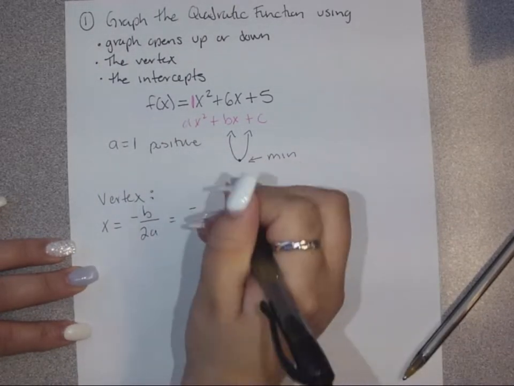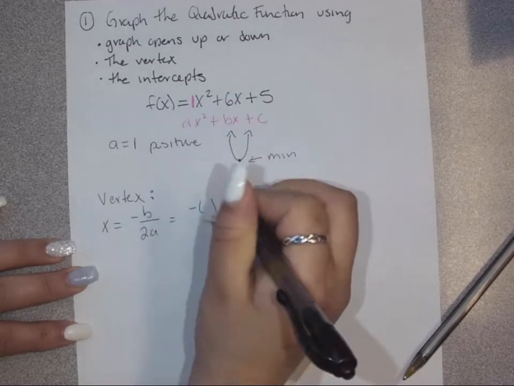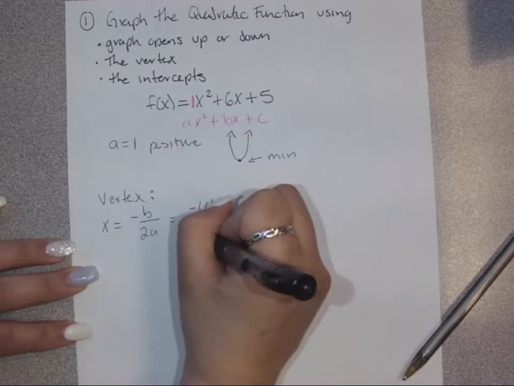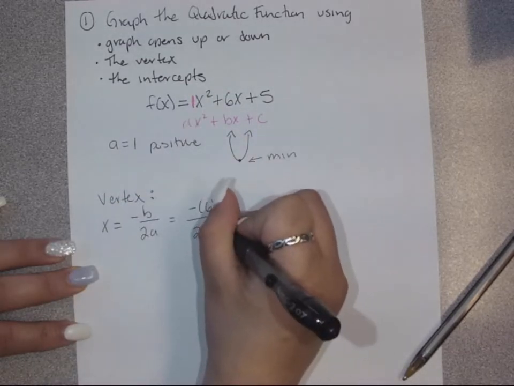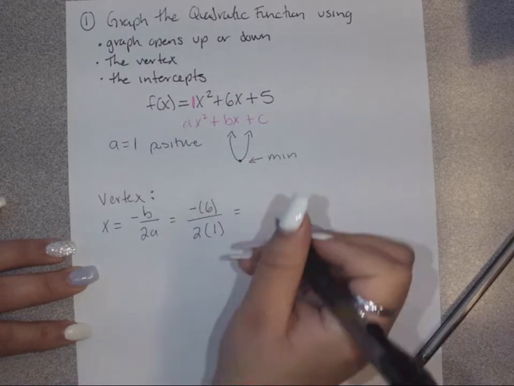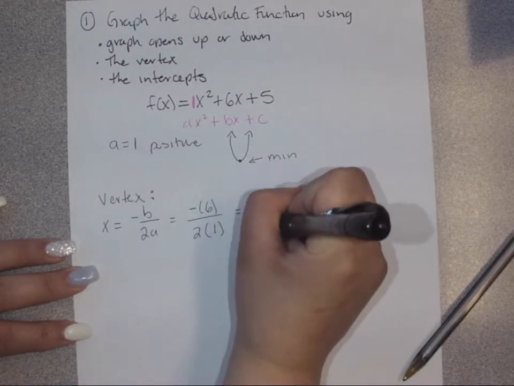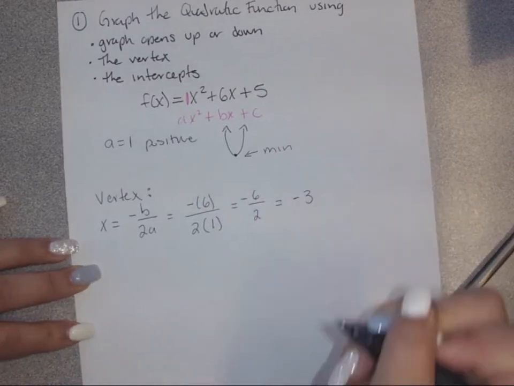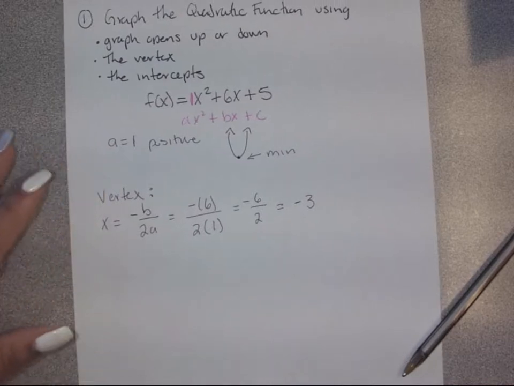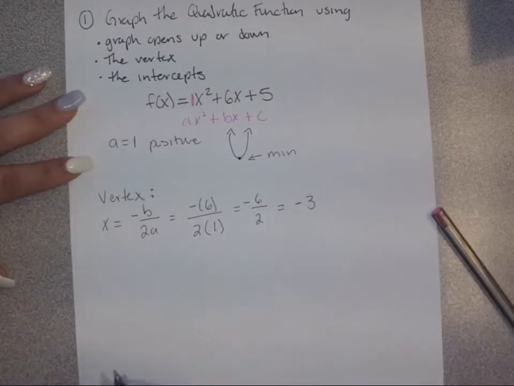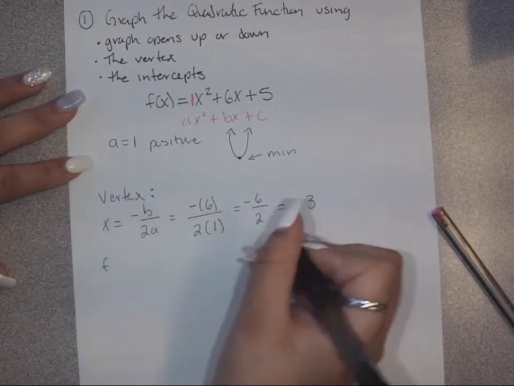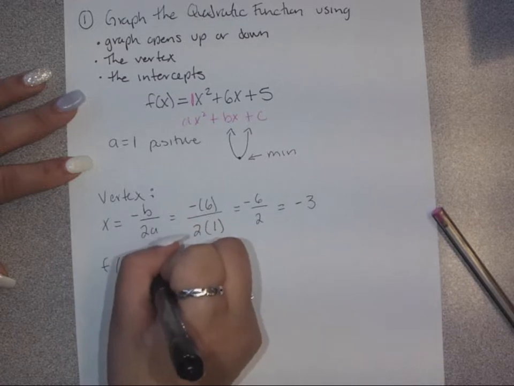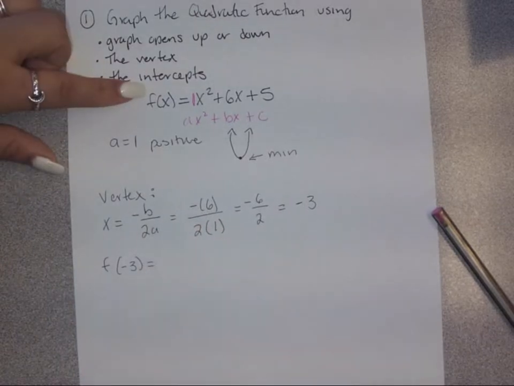So we have negative, our b value is 6, over 2 times a, which is 1. So we simplify to negative 6 over 2, and that's how we get the x value of negative 3. To find our y value, we take the x value we found, negative 3, and plug it back into our function.